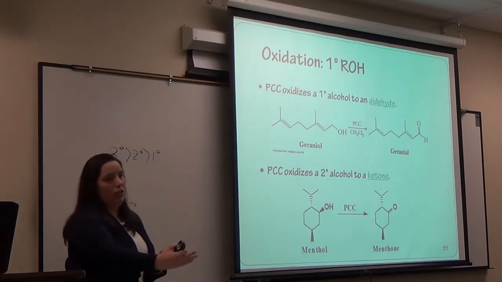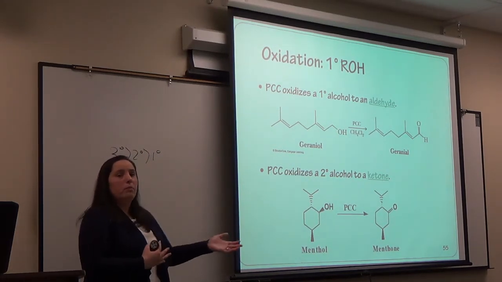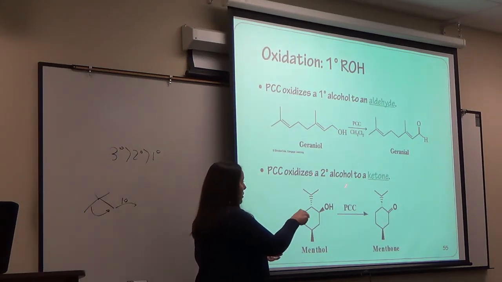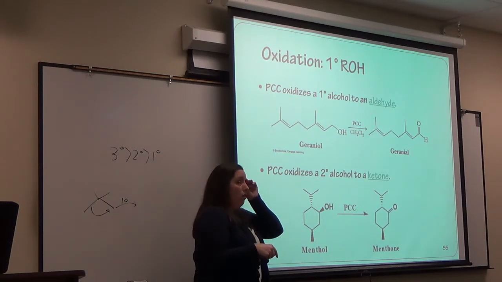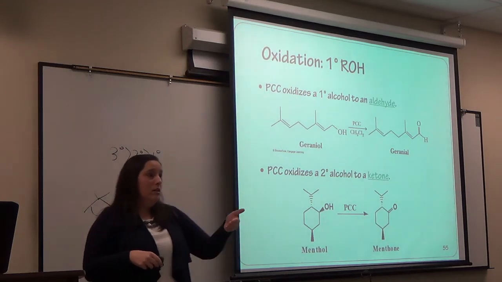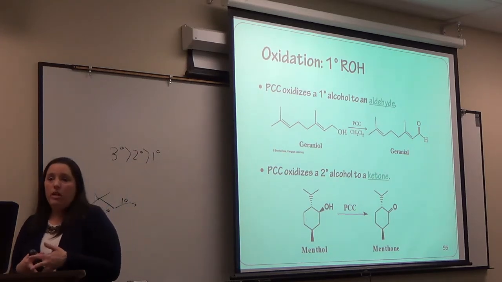Because remember, the ketone doesn't really get oxidized further to the carboxylic acid. So using PCC or chromic acid is going to give you the same product for a secondary alcohol. The difference is when you use the primary alcohol, right? Chromic acid gives you carboxylic acid, right? The PCC gives you aldehyde. Does that make sense? Reagents?